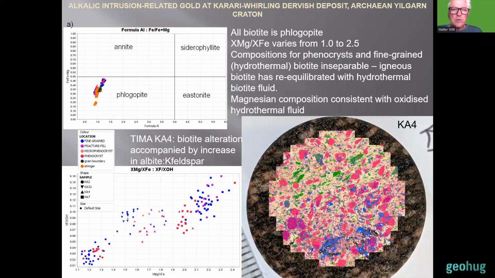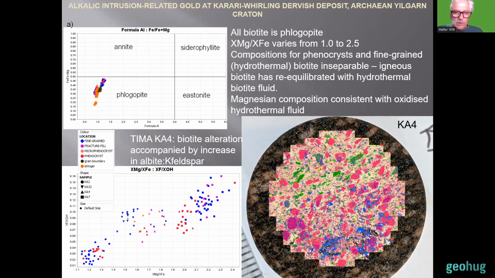On a standard composition plot, all of the biotite in the Karari intrusions plots as phlogopite. The XMg over XFe ratio varies from 1 to 2.5. That's quite elevated and suggests an oxidized hydrothermal fluid causing this potassic alteration.